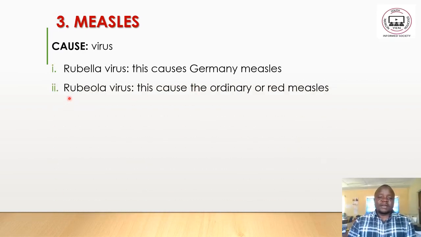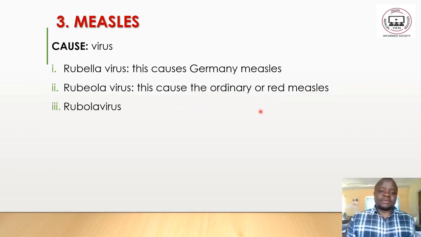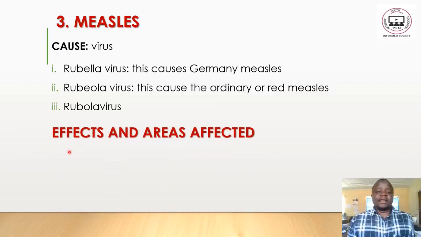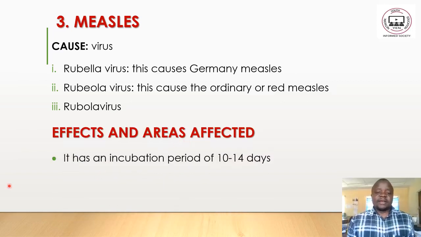The second one is rubeola virus, which causes the ordinary or red measles. Effects and areas affected: it has an incubation period of 10 to 14 days. That's 2 weeks.